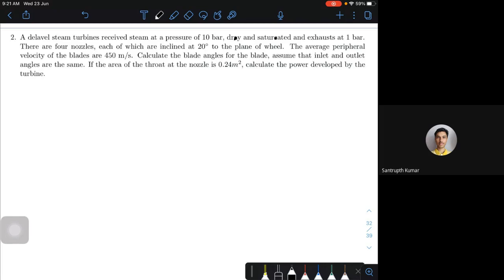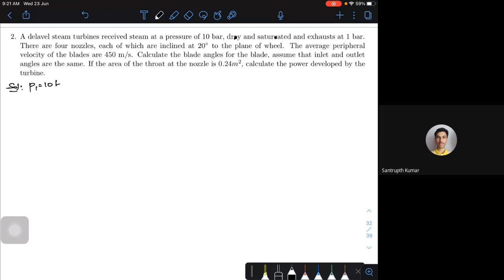Now here, let's write the data and put the HS diagram as well as the velocity triangle. Solution. P1, the higher pressure, is 10 bar, and the exit pressure is 1 bar.